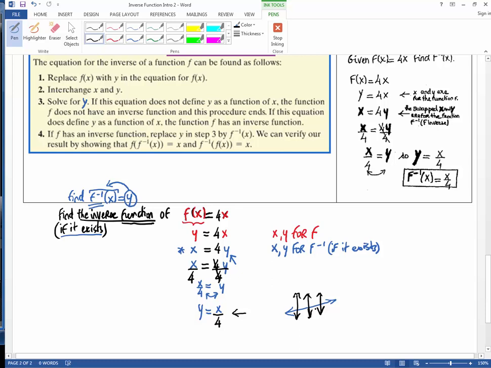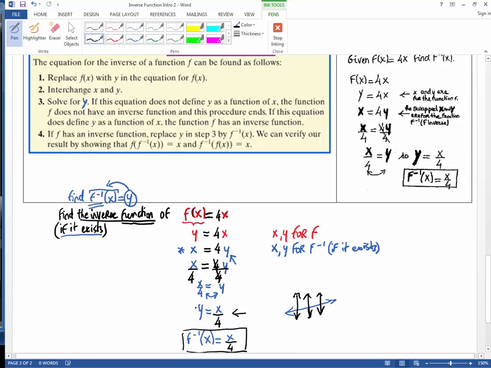So this graph is really the graph of a function. So blue y is really defining a function, and it's allowing us to call blue y f inverse of x. So f inverse of x does exist, and it's like replacing blue y by f inverse of x, and we get that equation that f inverse of x is x divided by 4.